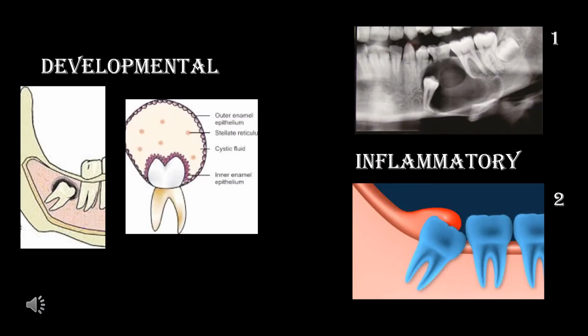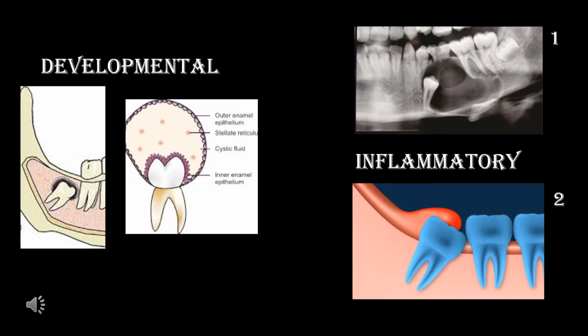So in whatever name they ask, you have to tell about the dentigerous cyst. Now we'll see the pathogenesis of dentigerous cyst. The dentigerous cyst can be a developmental type and an inflammatory type. In the developmental type of dentigerous cyst, the etiology is unknown. So we will see the sequence of events happening in the developmental type. There will be an unerupted tooth covered by a reduced enamel epithelium.